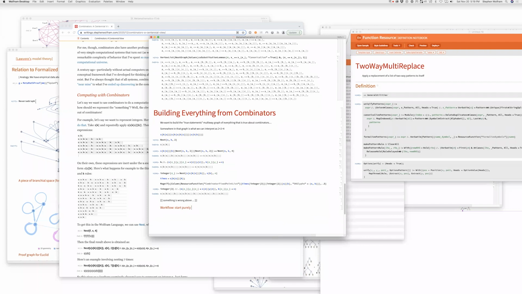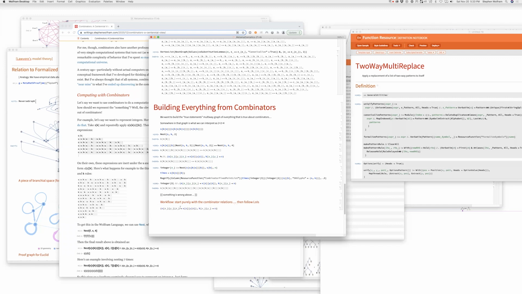Start purely with the combinator relations. Then follow laws of inference. Okay, so the combinator relations, let's be specific, are this.